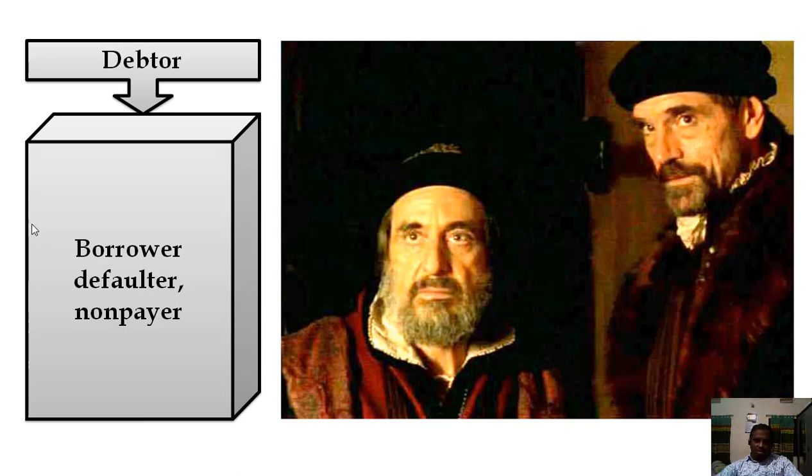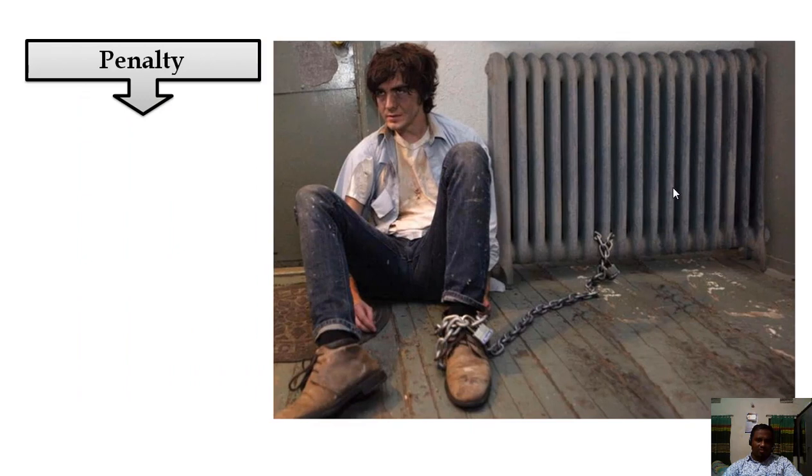In this case, we all came to learn from the text that Antonio was the debtor, because he borrowed money for his friend Bassanio. Penalty.